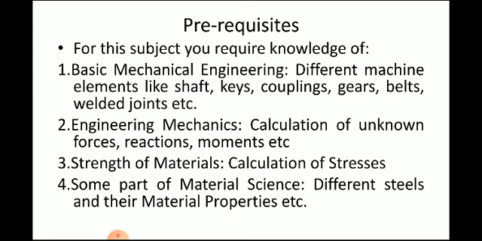You can go through also different types of steels and their materials, because whatever materials we are going to use in DME 1 for calculation purpose or for project purpose are nothing but different types of steels. Obviously, material properties you will get from a standard book called as design data book. In this you will get type of steel and their properties. So these are the prerequisites from the DME 1 subject.